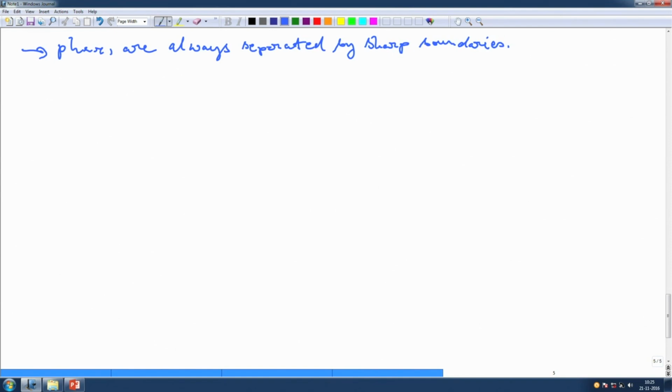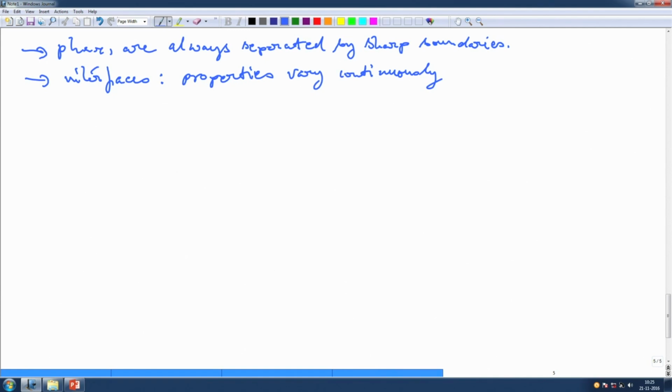That is one of our assumptions. But in reality, most interfaces are where the properties vary continuously rather than having a sharp jump.